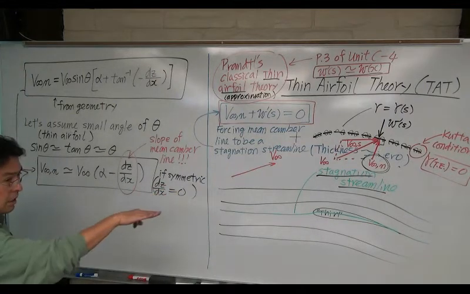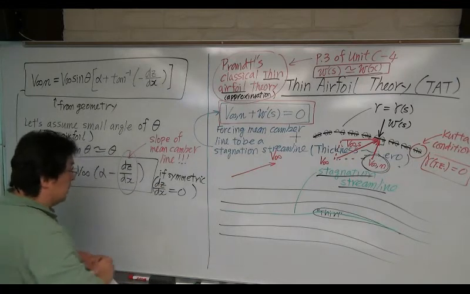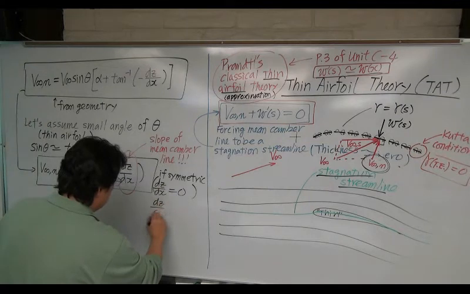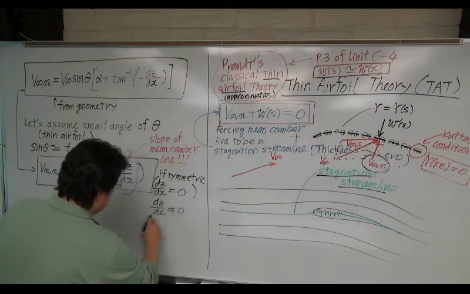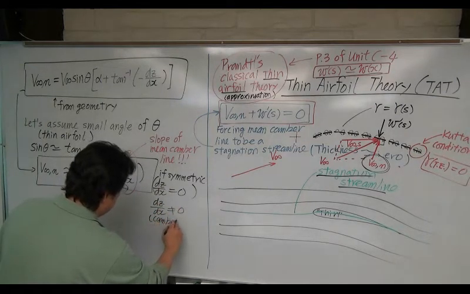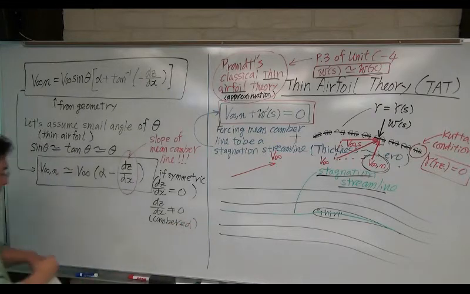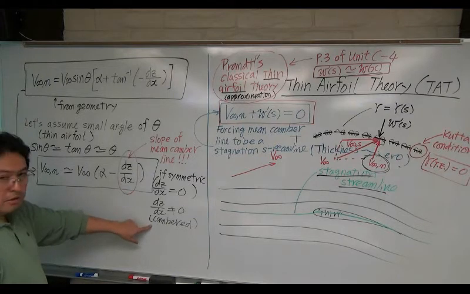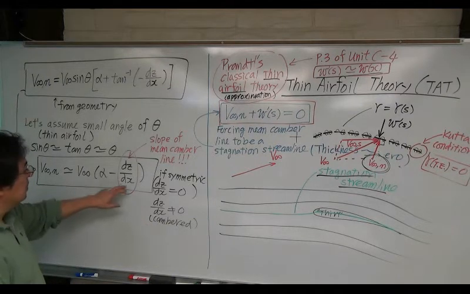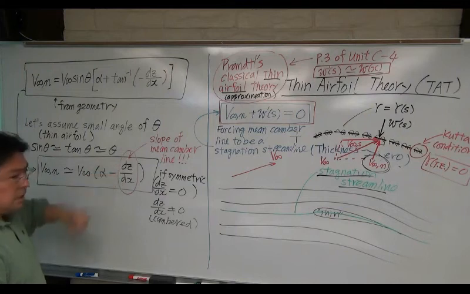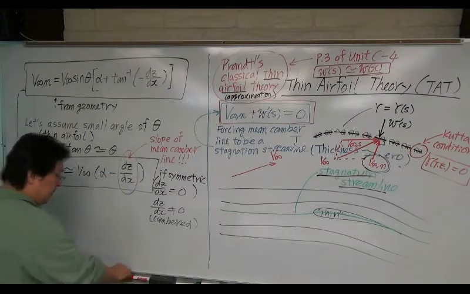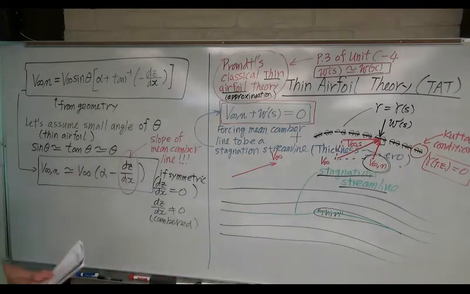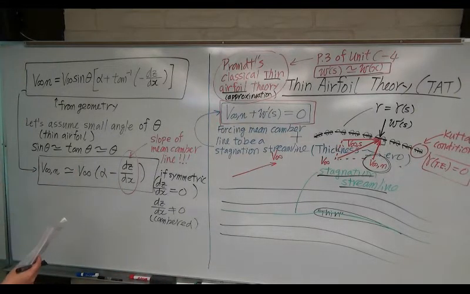It's a straight line, so there's no slope. So that's the symmetric airfoil. dz dx being non-zero means this is a cambered airfoil. So can we express the mean camber line in terms of the mathematical function dz dx? Yes, we can. It's possible. That's the very important fundamental idea of how thin airfoil theory works.